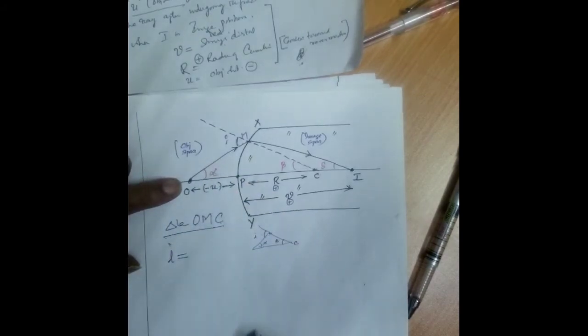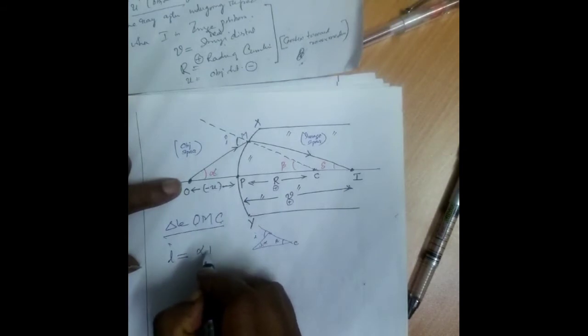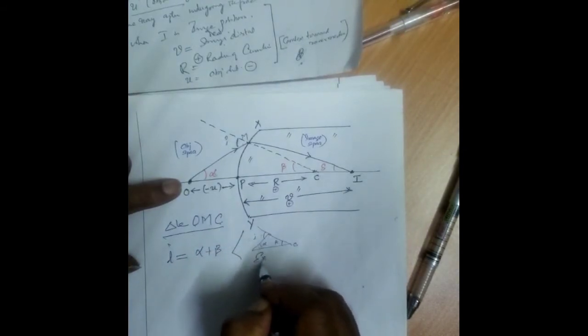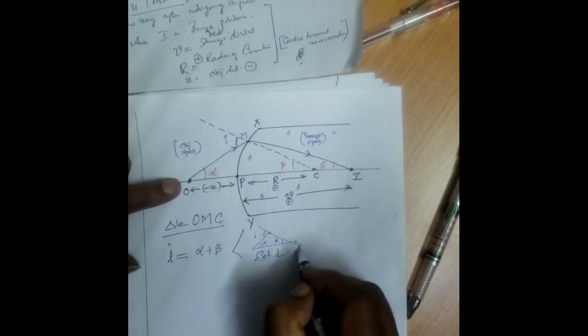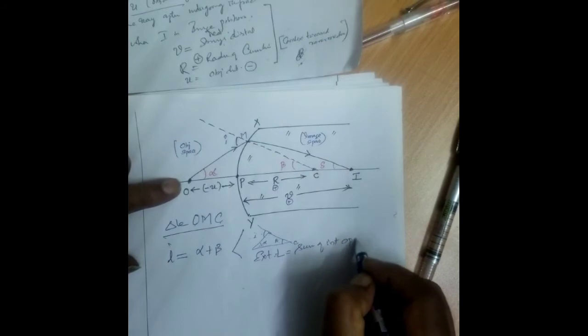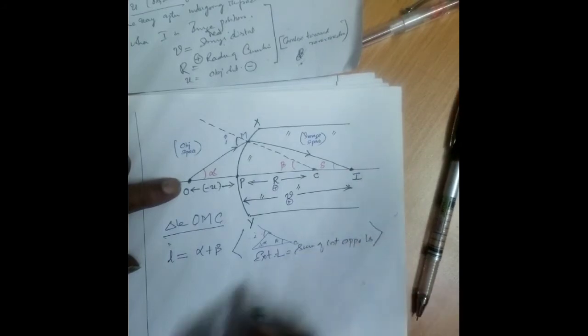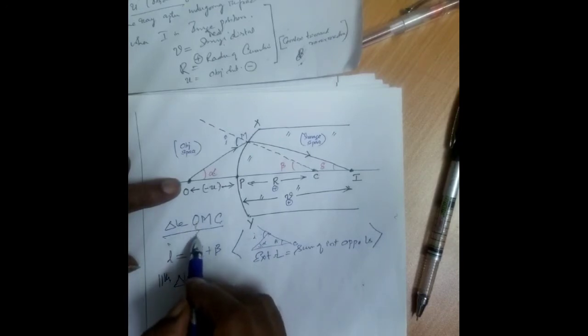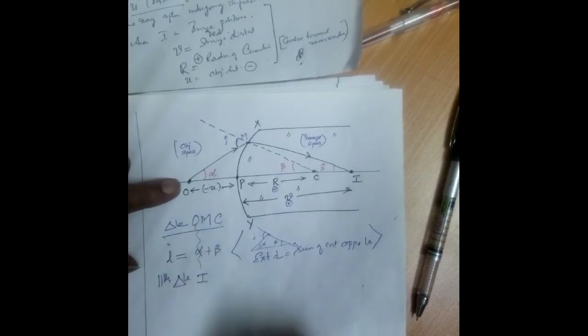I is equal to alpha plus beta. What you have to write here? Exterior angle is equal to sum of interior opposite angles. This you have written.